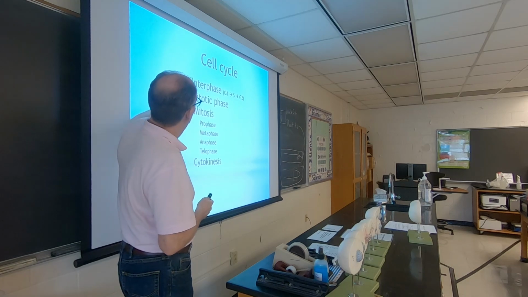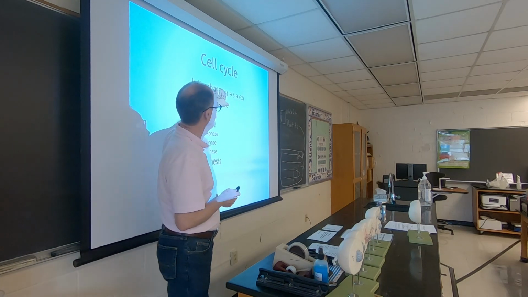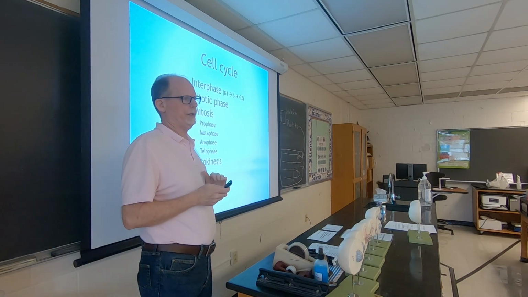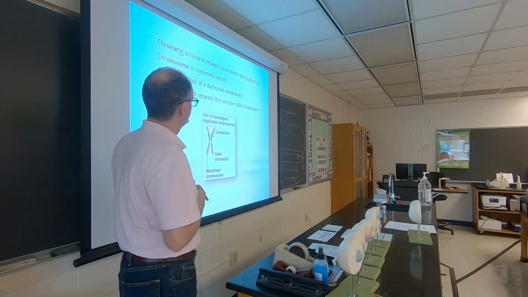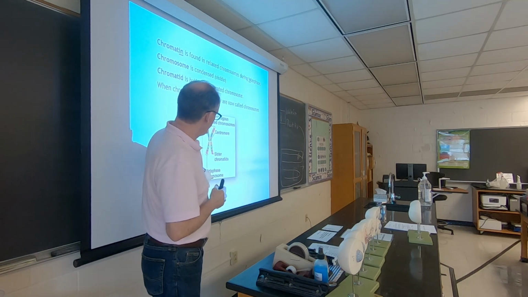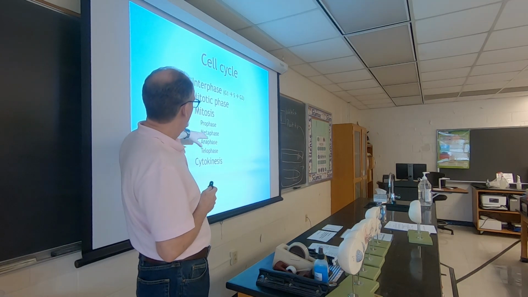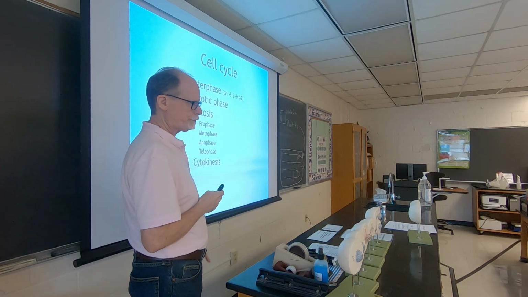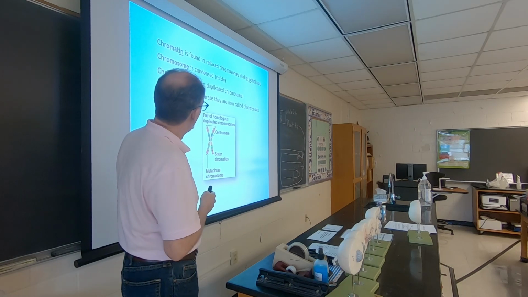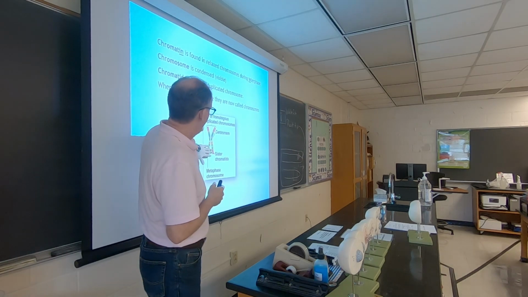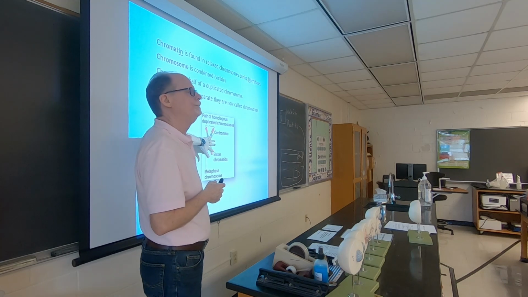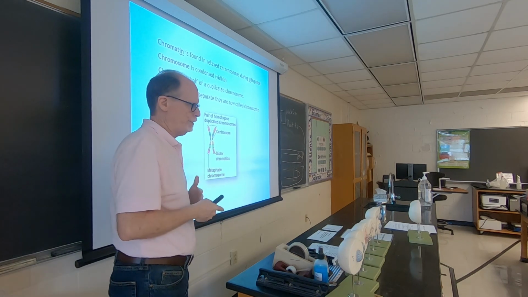That occurs during the S phase of interphase, when they are replicated or duplicated. When you're looking at something like this, we're viewing them during metaphase or during mitosis. It's gotten that far. So chromatid is describing them during mitosis.